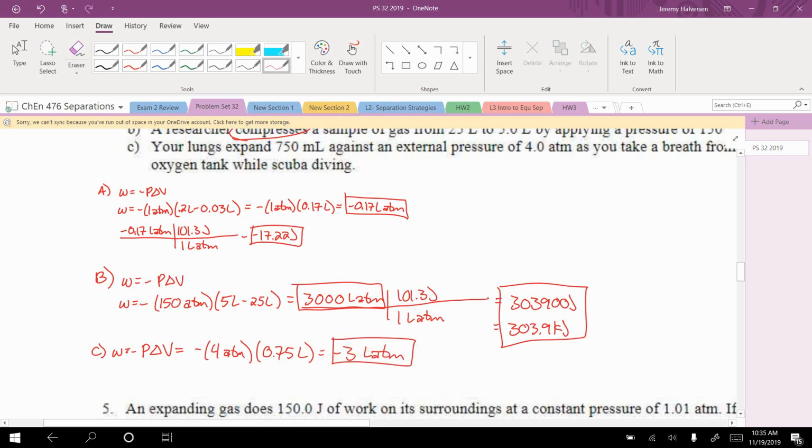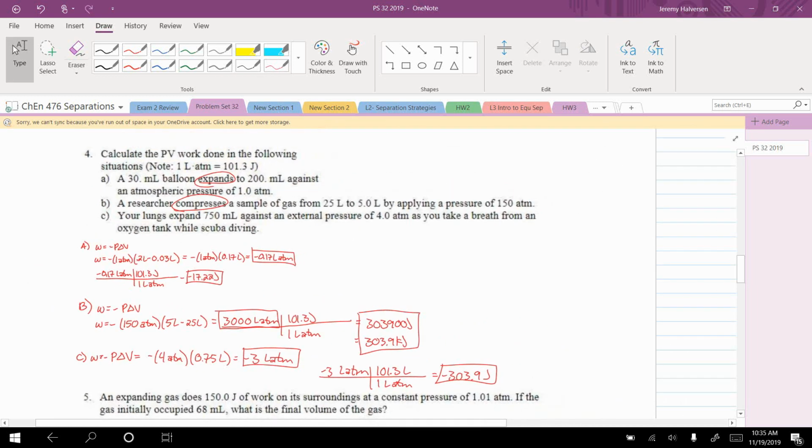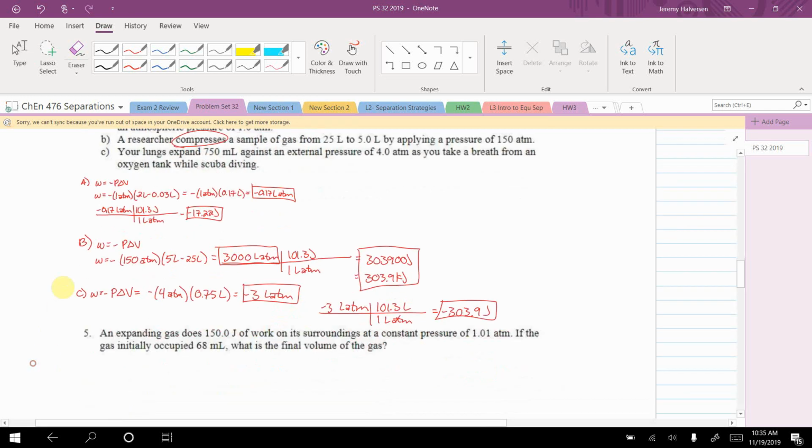That's a fine answer. Or I could say 1 liter atmosphere is 101.3 joules, and get negative 303.9 joules. So that's how we can calculate work. Should it be negative? Yes. Why? Because your lungs are expanding, so they're doing the work, so that's negative.